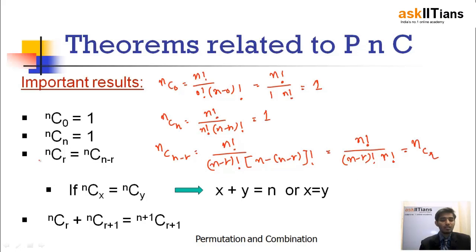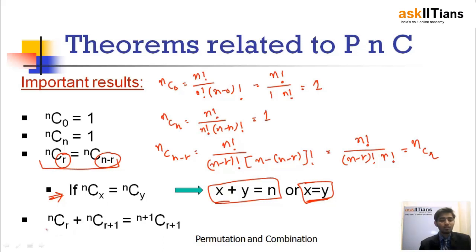So I can say that nCR is equal to nC(n minus R). Here you can see that the summation of these two terms is equal to n. So by using this property I can say that if nCx is equal to nCy, then either x will be equal to y or the sum of x and y should be equal to n.